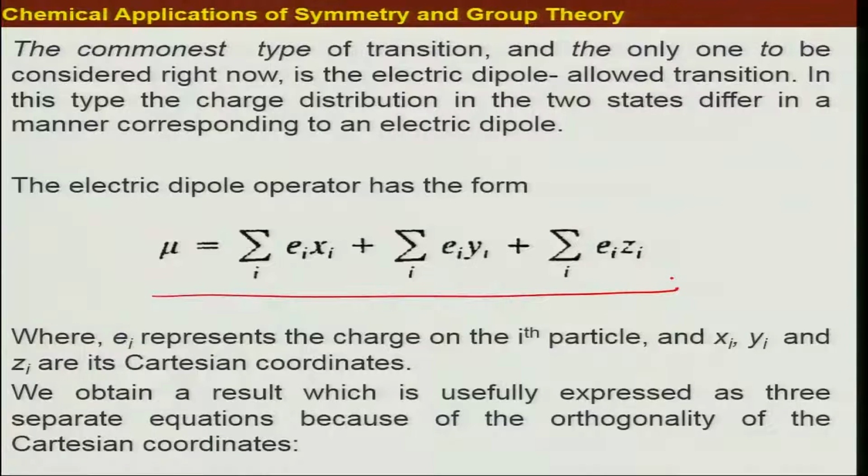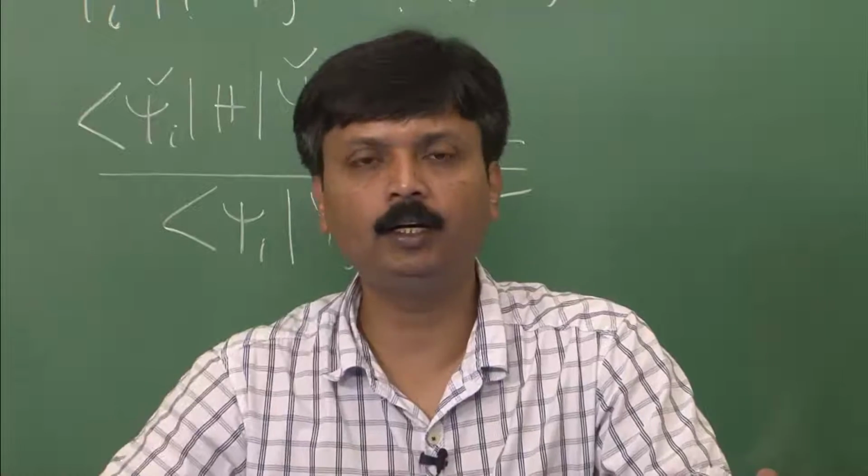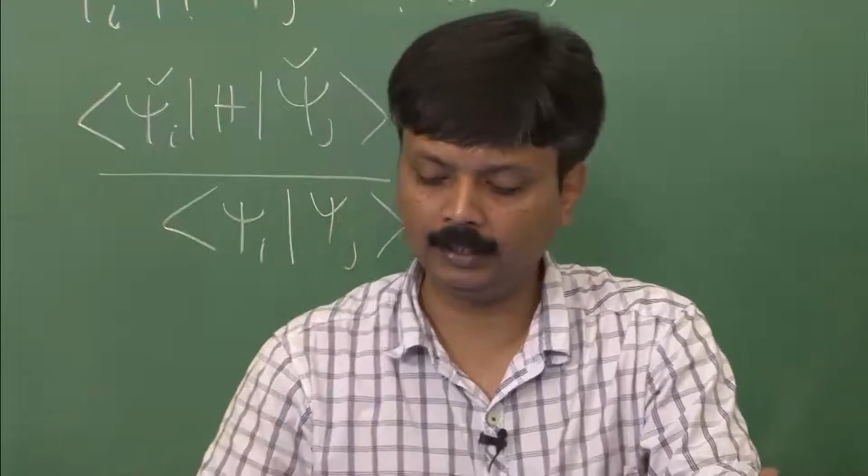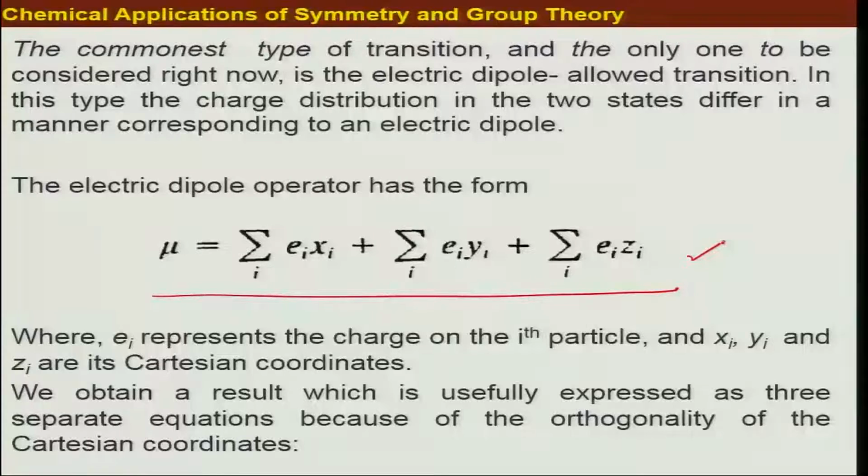Therefore, we can express mu as the sum of this charge distance product in 3 different directions, x, y, and z, as given here. Okay. And we can have many particles in the system. So for each particle I can have this charge distance product for each coordinate, and then we can sum it over all the particles. Okay. So that is given here.